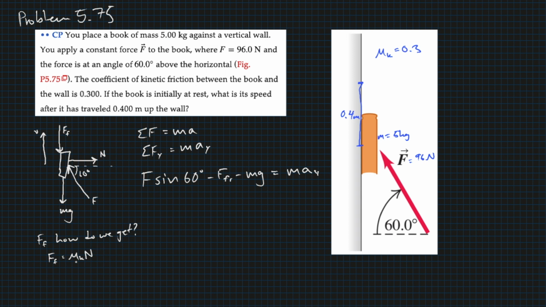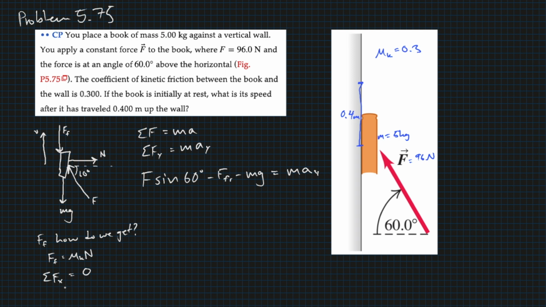And I know that I can find the normal force by doing sum of the forces. In this case, it's in the x direction, right? So it's the stuff that's going side to side here. Sum of the force in the x direction is equal to the mass of the book times the acceleration in the x direction. There's no acceleration in the x direction, though. It's not moving side to side, so it's equal to 0.